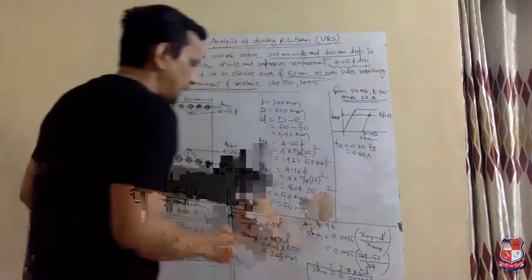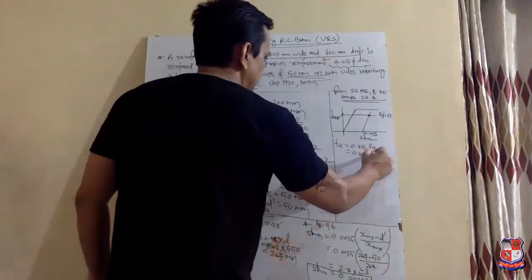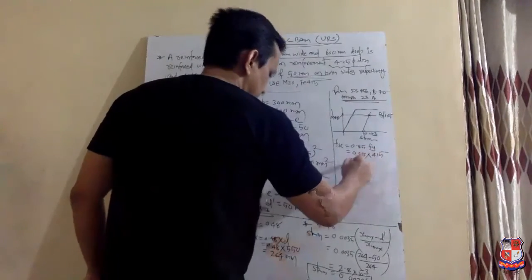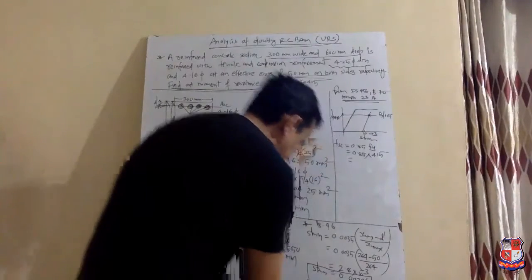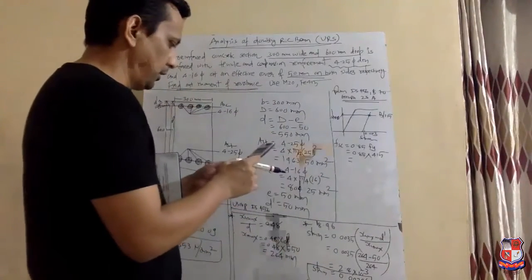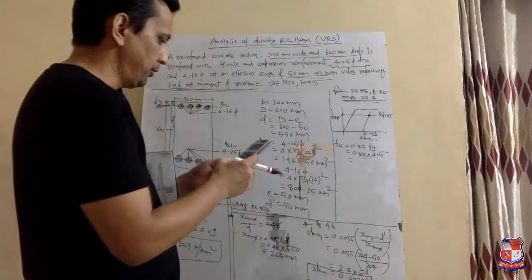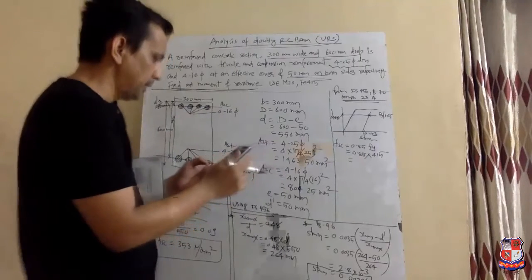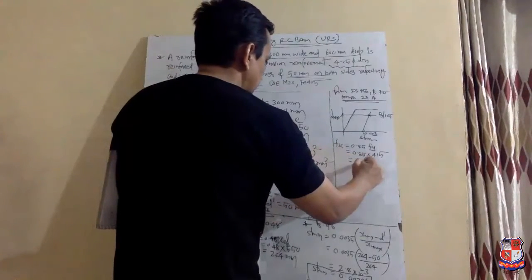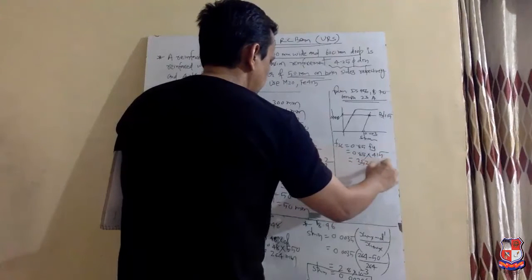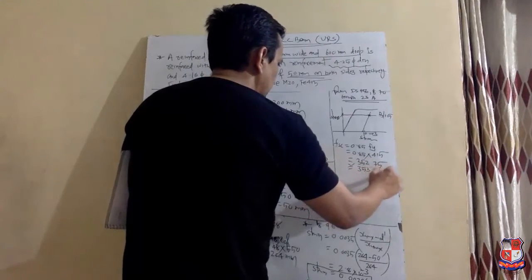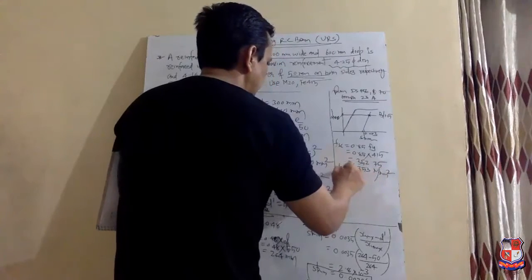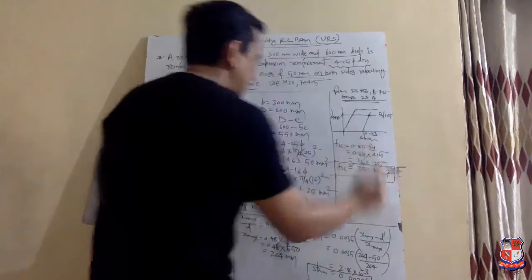So in this way, we get 0.85 into 415, which is equal to 352.75, nearly equal to 353 Newton per mm square.